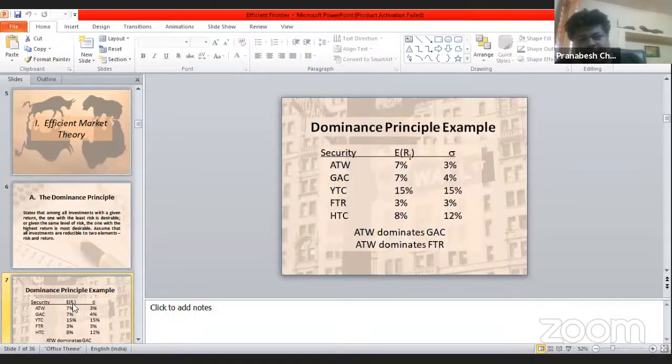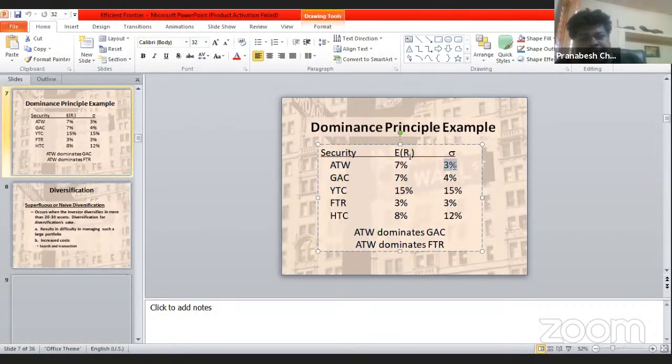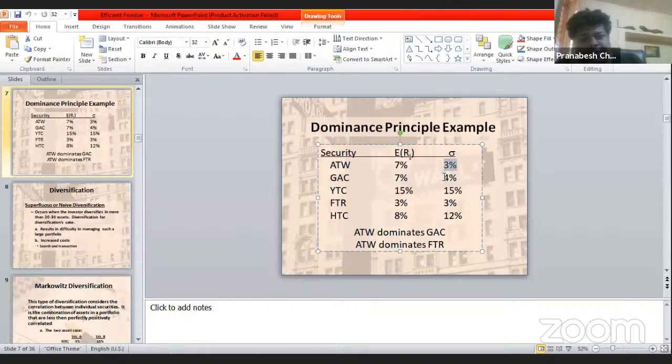Now let's see what is here. The expected return depends on your standard deviation. If the standard deviation is higher and the expected return is the same, then the one with the lower standard deviation is your more dominant stock here.